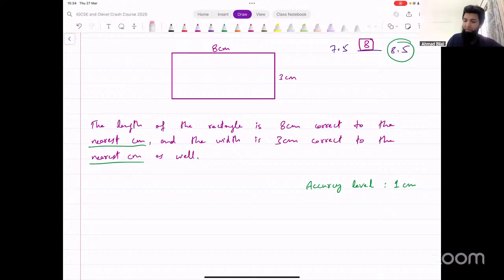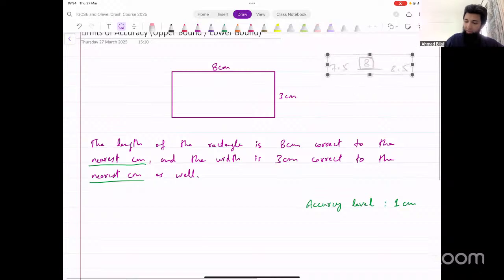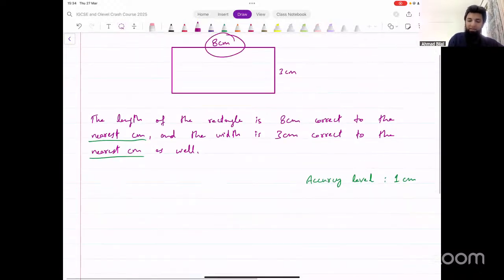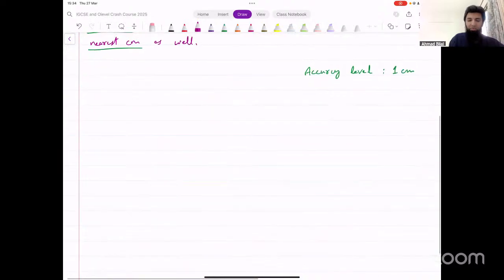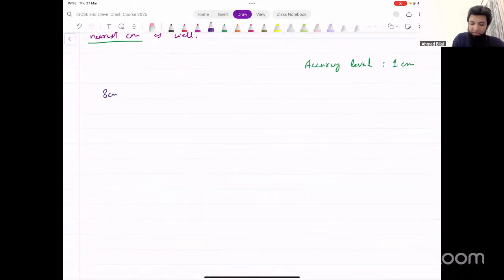Okay. Now, what does that mean? The number that we've got here, that the length is 8 centimeters, there's a possible error in this number, right? It's rounded off to the nearest centimeter. What that means is the actual length of the rectangle could be anywhere between 7.5 and 8.5.